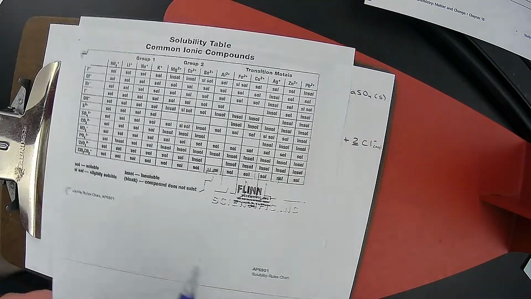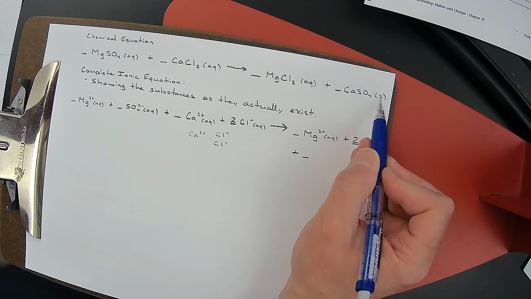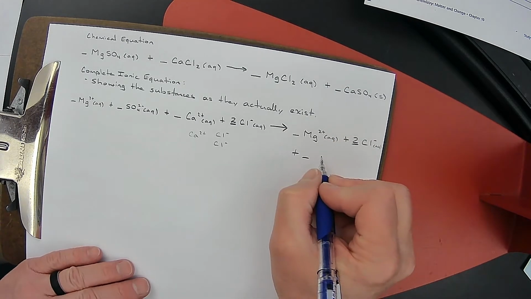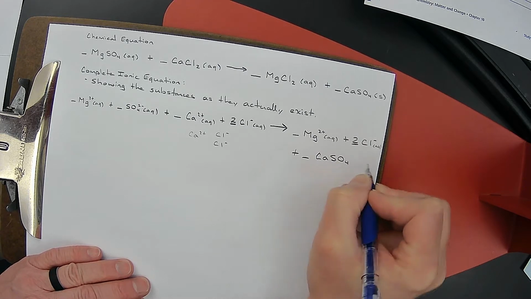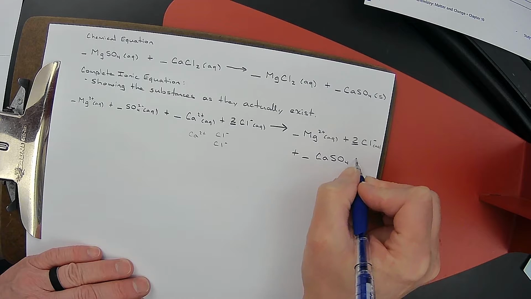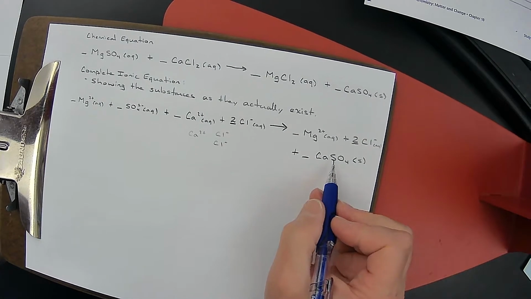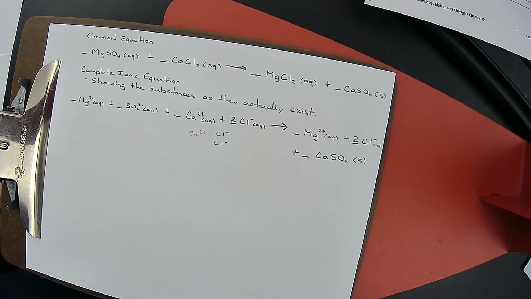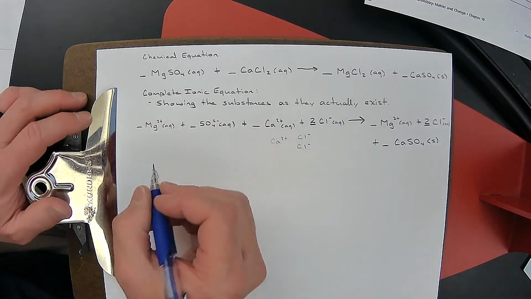Here, though, because it was slightly soluble, we said it was going to be insoluble, so it forms a solid precipitate. This does not break up into its individual ions. It stays as CaSO4 as a solid precipitate. And once again, this piece should be over here. I just couldn't fit it on the page. So that is the complete ionic equation.